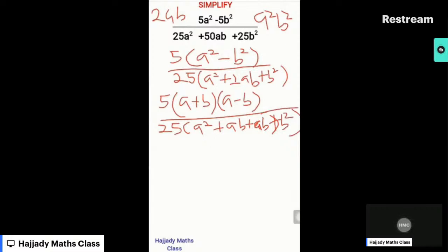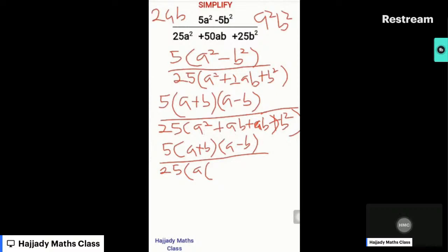Now, let's proceed. The numerator still remains the same. We have our 5 into bracket a plus b, open bracket a minus b. But our denominator, we need to factorize. We have our 25 here into bracket a into bracket a plus b. There's a need for us to factorize this and this.